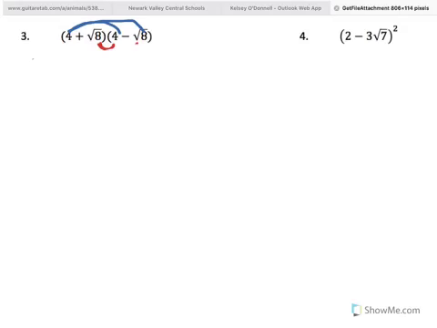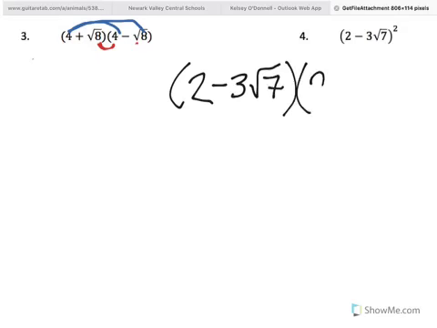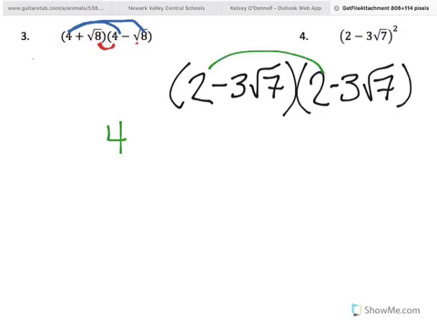Okay, so to write it twice, we have 2 minus 3 radical 7 times 2 minus 3 radical 7. So we're going to distribute and say 2 times 2 is 4, and 2 times a negative 3 radical 7. Remember, only the numbers outside of the radical are truly multiplying together, so we have negative 6 radical 7.